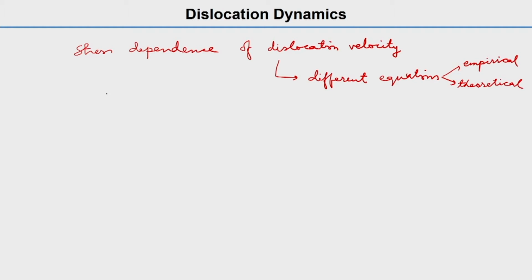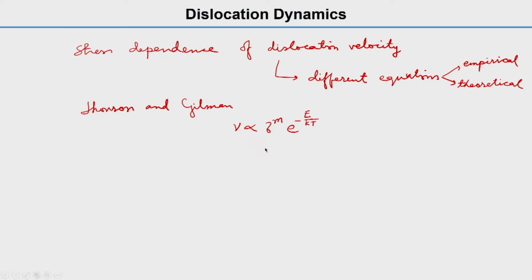So for example, Johnson and Gilman have shown that the velocity of dislocation is proportional to the applied stress to the power m and exponential minus E by kT.